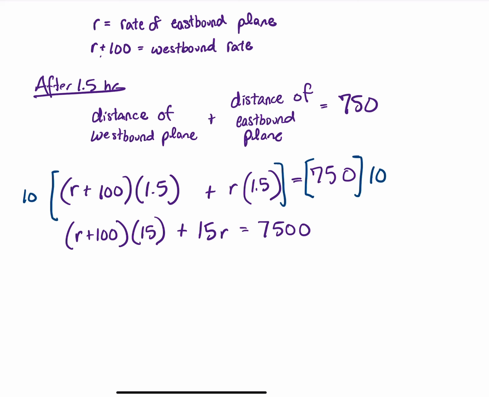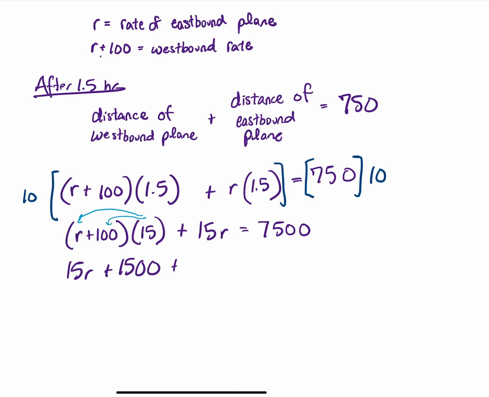Okay, let's distribute the 15. You can do it from this side too. Usually we're used to seeing it on the front and distributing, but you can distribute from the other side as well. So this will become 15r. 15 times 100 will add 2 zeros, 1500.